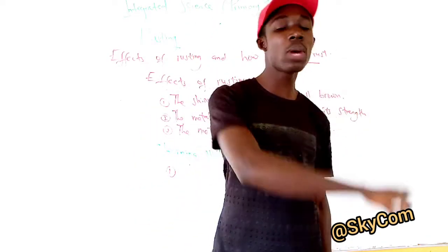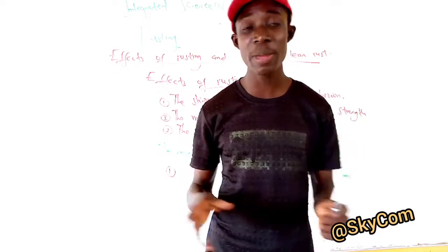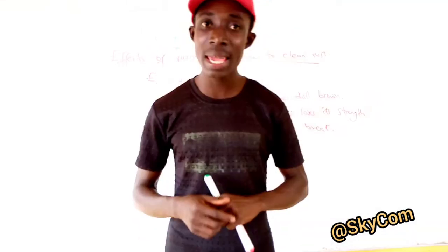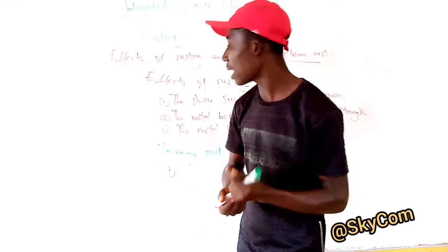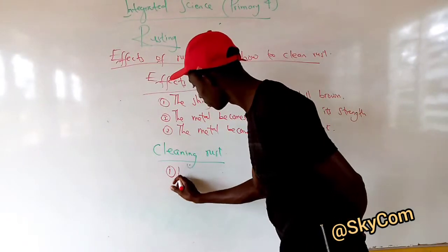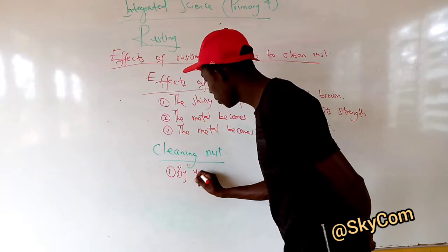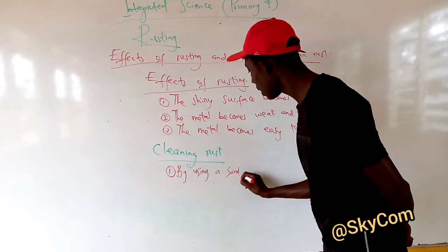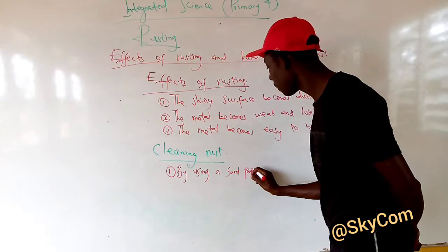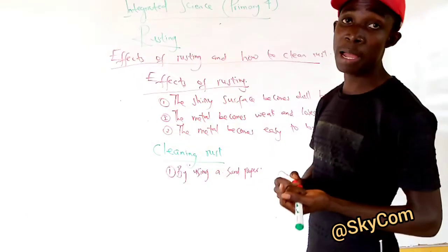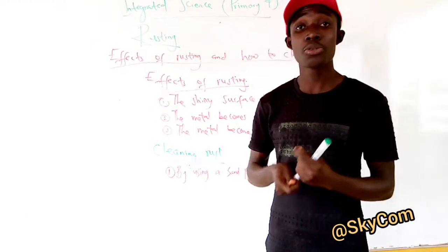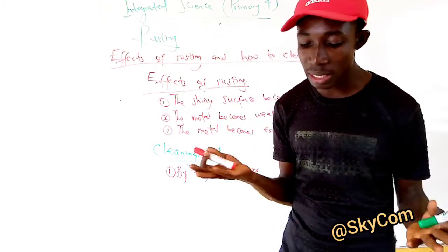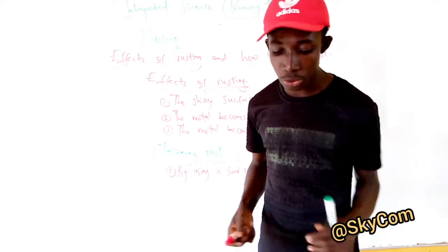Now, the first way is to use a sandpaper. If you have not seen a sandpaper before, ask your parents to show you one, okay? I'm sure maybe one is even in your house. They will just show it to you and then you know what it is.